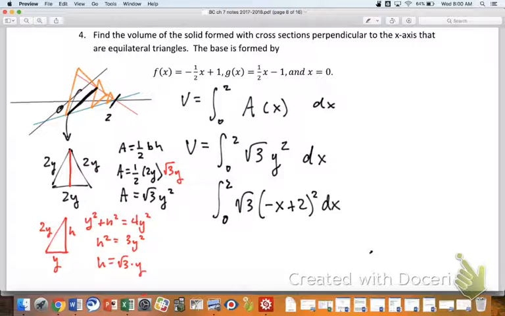And now we're in a pretty good spot. So let's just rip through these next couple of steps. It'd be root 3 times the integral from 0 to 2 of x squared minus 4x plus 4.